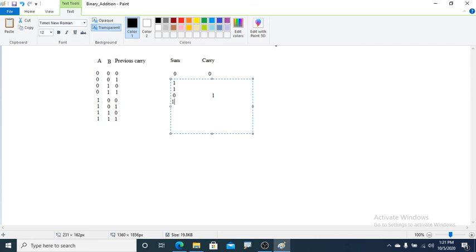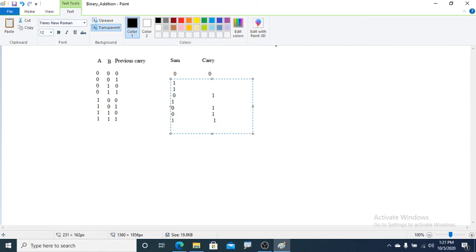Again now 1 plus 1, sum is 1. Again 1 plus 1, 0 is the sum, carry is 1. Okay, now 1 plus 1 plus 1, sum is 1, carry 1.